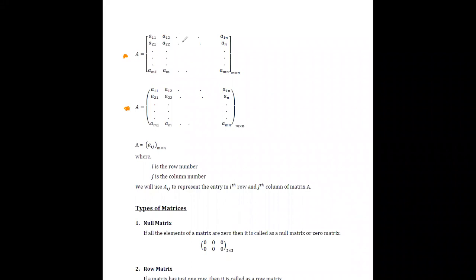The only difference between these two instances is box brackets and parentheses, but all the other concepts are the same. I told you that generally we denote a matrix using uppercase English letters, while the elements are denoted using lowercase letters.